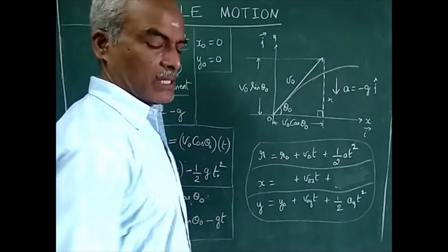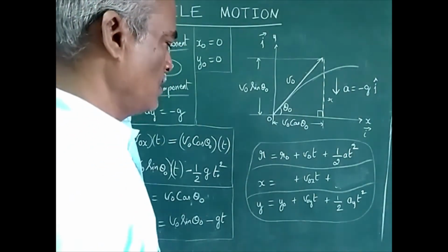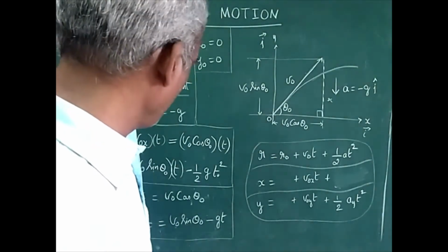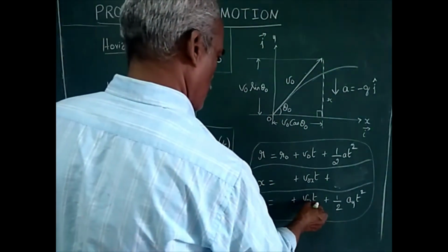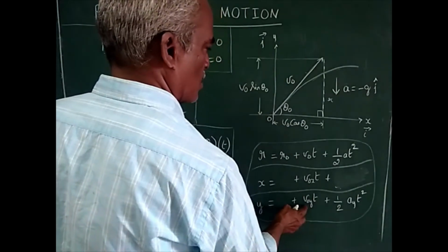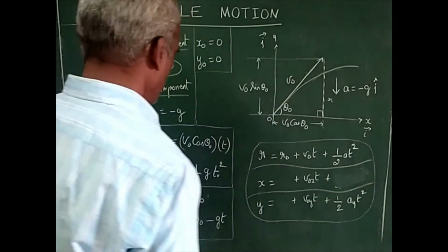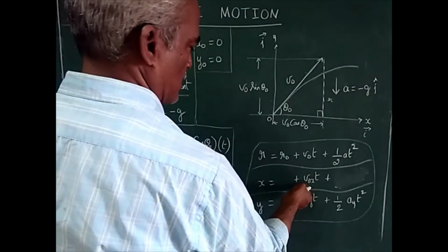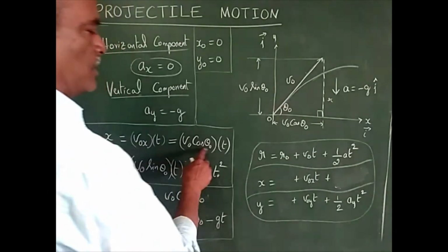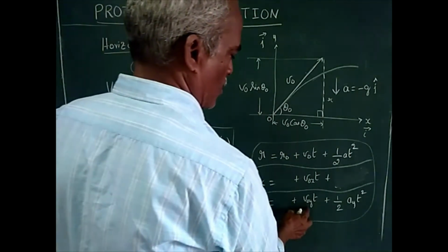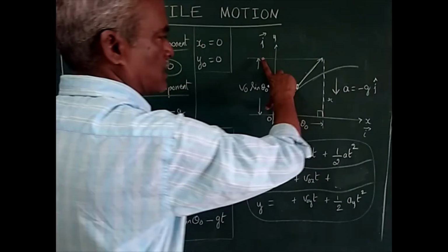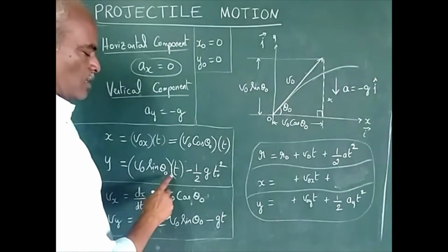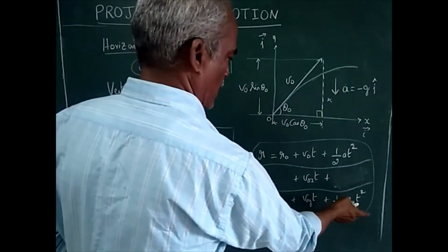Similarly, for the y component, y naught is 0, so you have v naught y into t. The horizontal component is v naught cos theta naught into t. And similarly for y, the vertical component v naught y is nothing but v naught sin theta naught. So you substitute here v naught sin theta naught into t plus half ay t square.